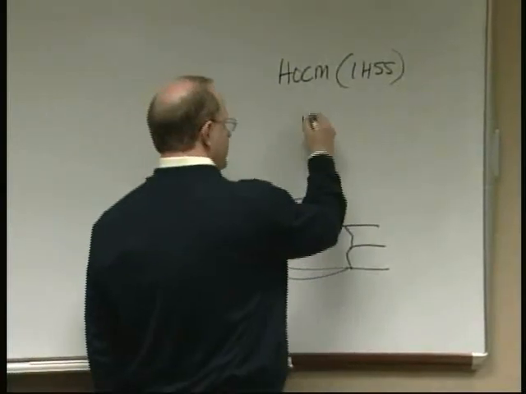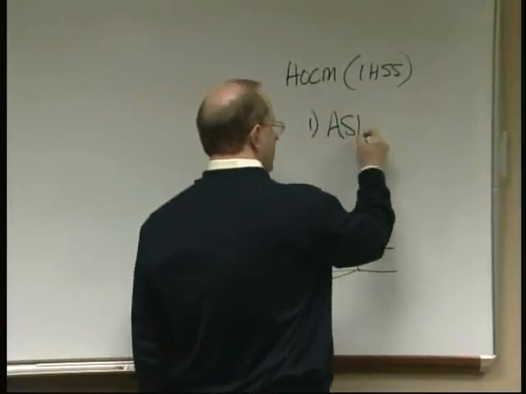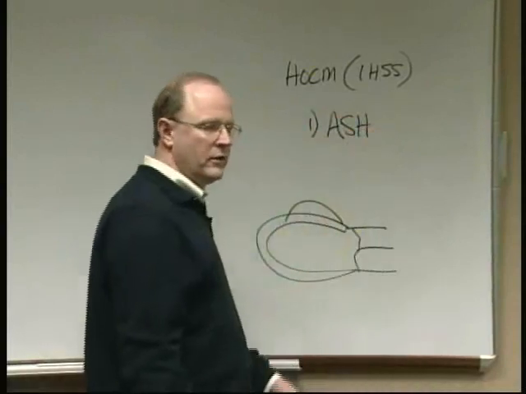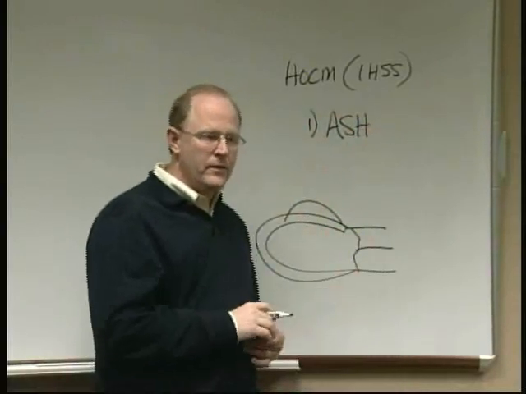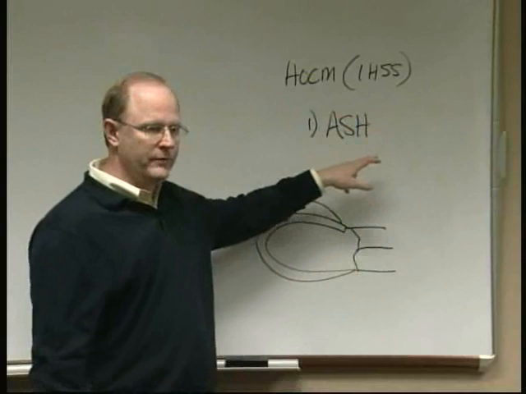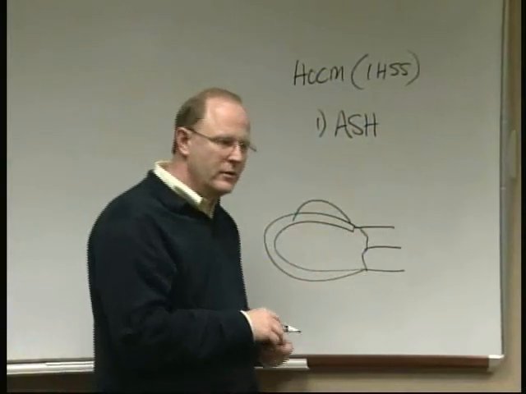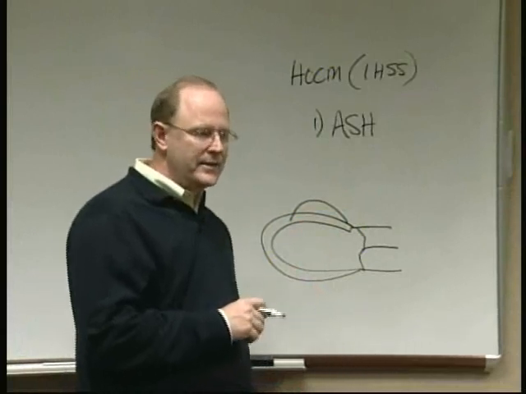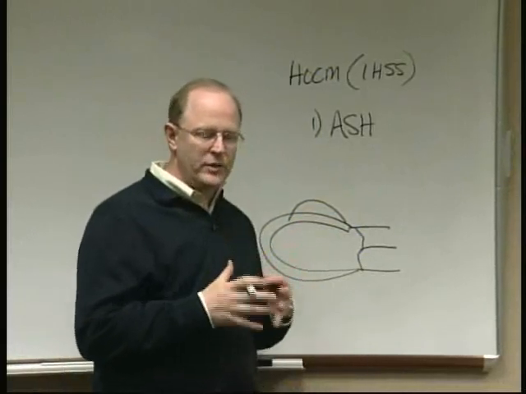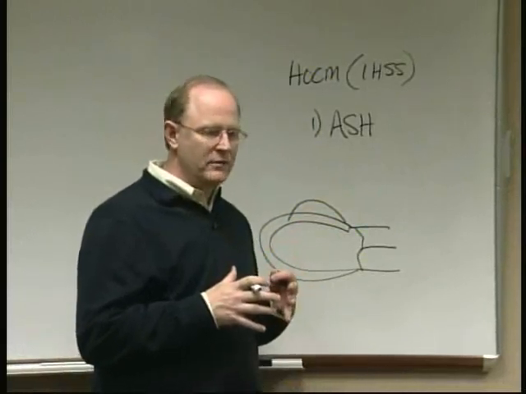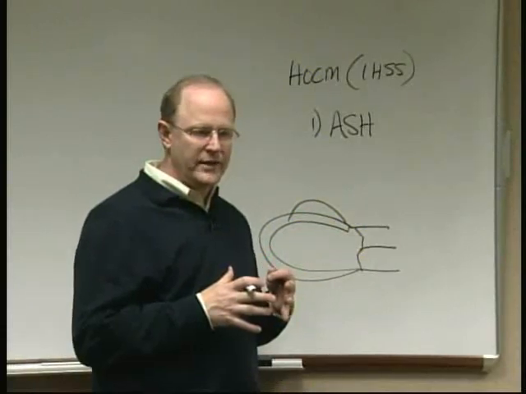One component of this is what they call ASH. These are all great board questions. Asymmetrical septal hypertrophy. These are really good initials. They're pretty easy to remember. What that is, is a disarray of muscle fibers, and so the heart muscle gets thick primarily in one location. That's the septum.